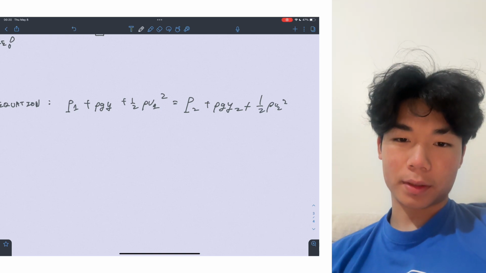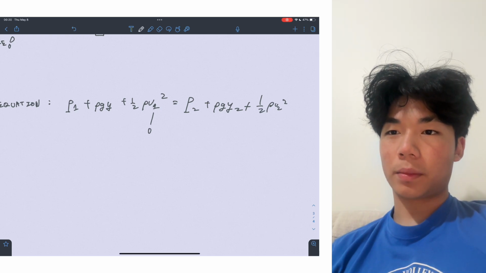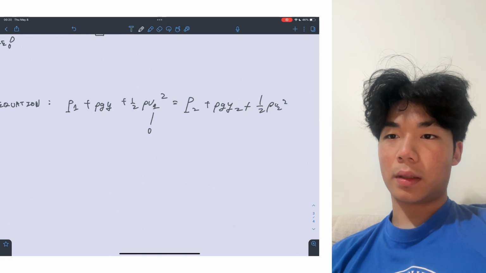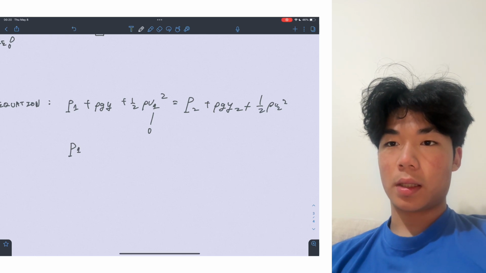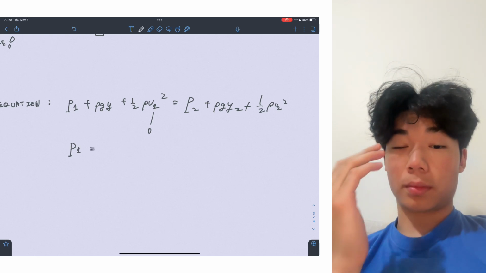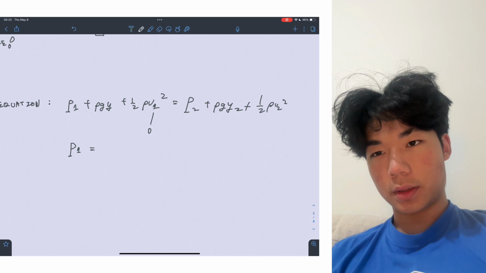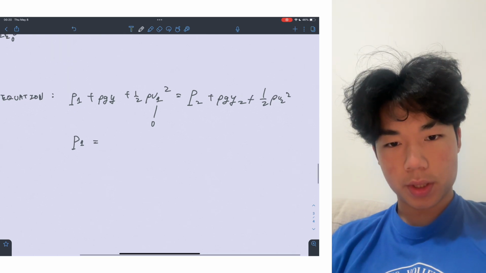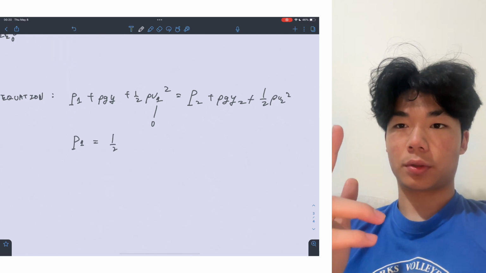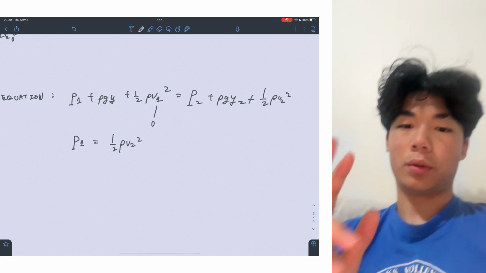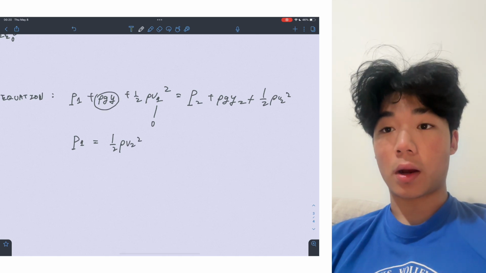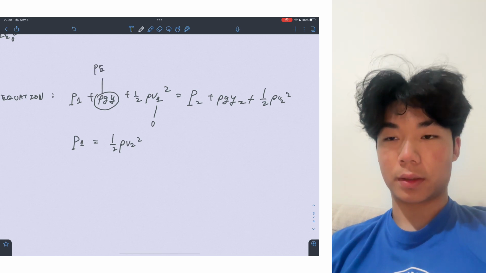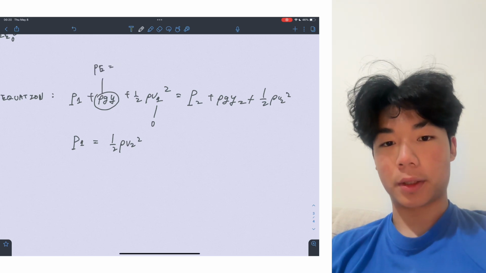Basically, what I'm going to do is delete everything except P1 on the left. The reason is that you actually want to represent the pressure of your water gun in the initial condition, in the beginning, as a cause, and then the effect is the kinetic energy that came out.